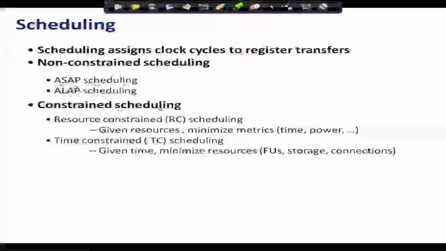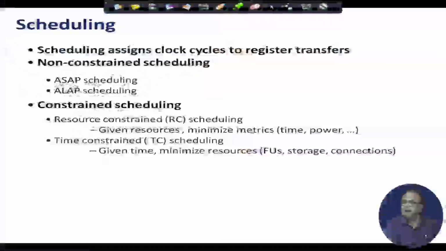We will particularly see two types of constrained versions. One is resource constraint, RC, where, given that the number of resources is known, we minimize metrics such as time and power. On the other side is time constraint scheduling, where, given the time, we minimize the resources.